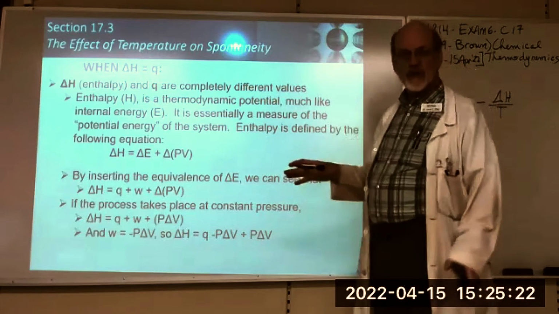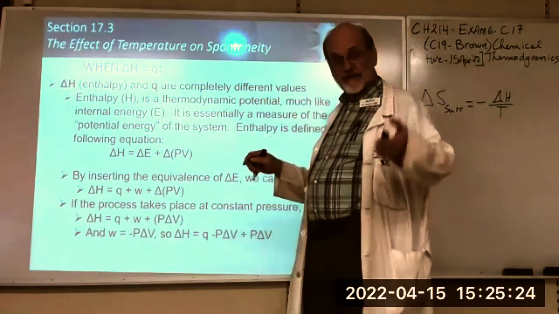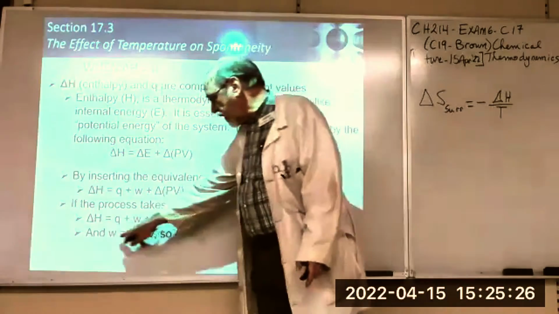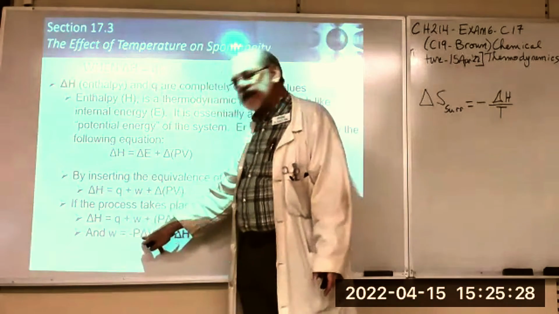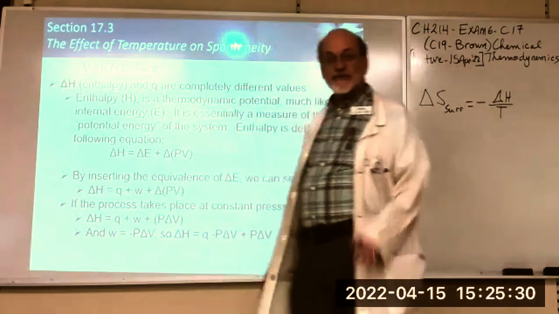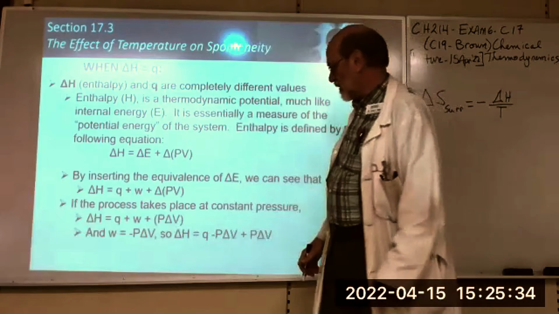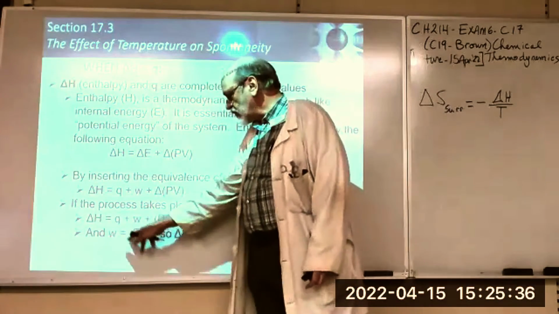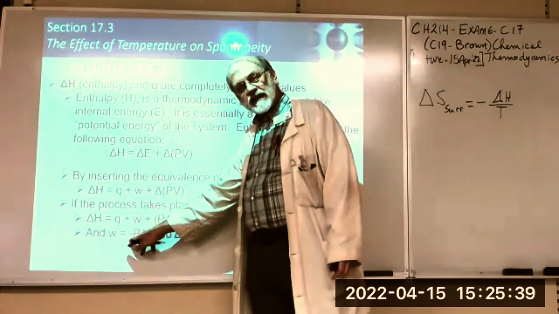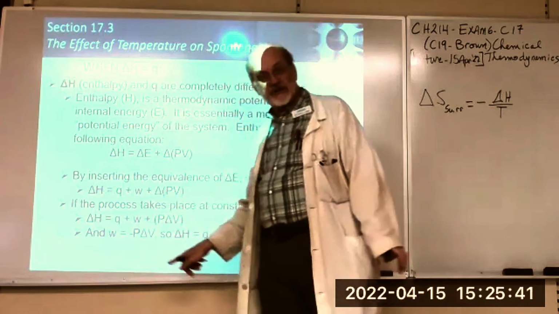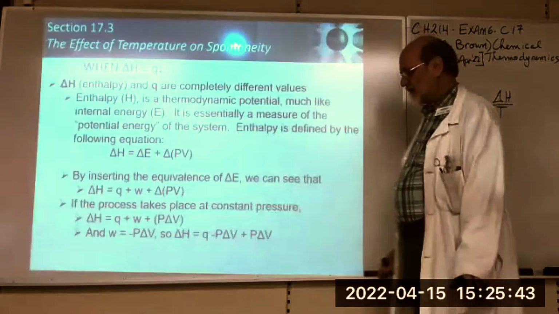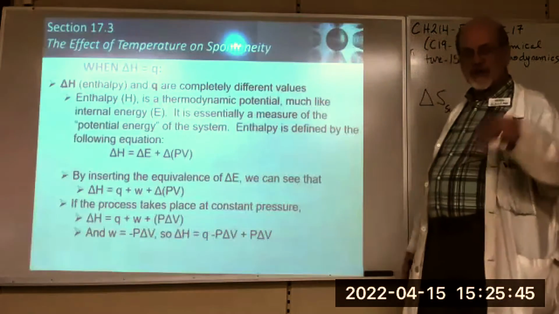This is another equivalence that we ran across in thermochemistry, where work is equal to minus P times delta V. That was first semester. So I'm just dredging up these old formulas for you. Work is equal to the negative of pressure times a change in volume. And we did that whole derivation in a previous chapter.